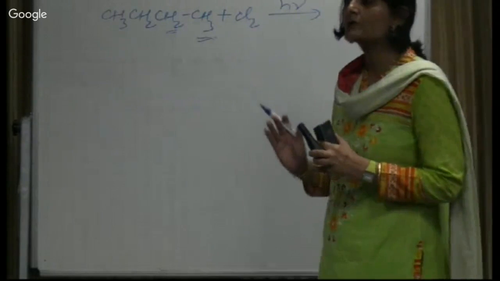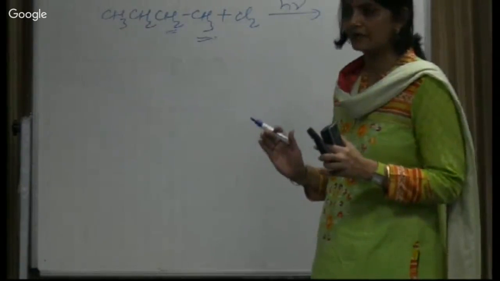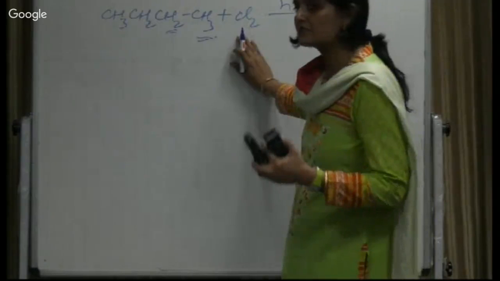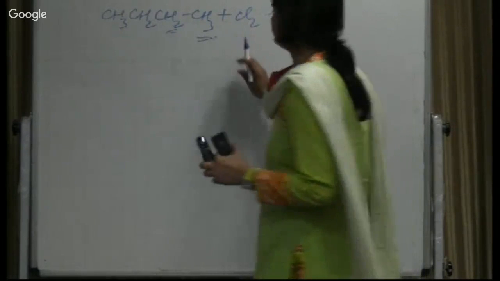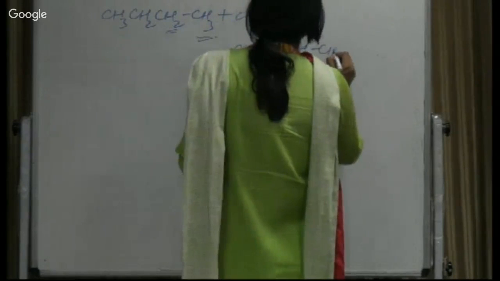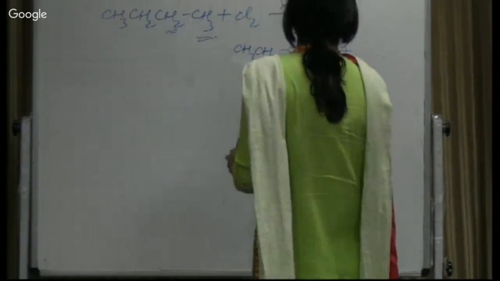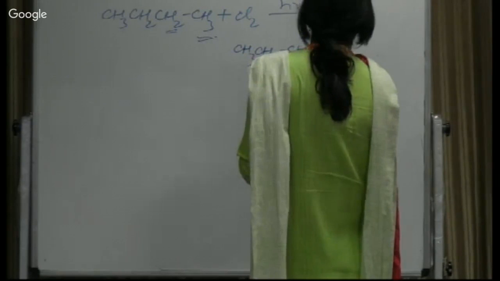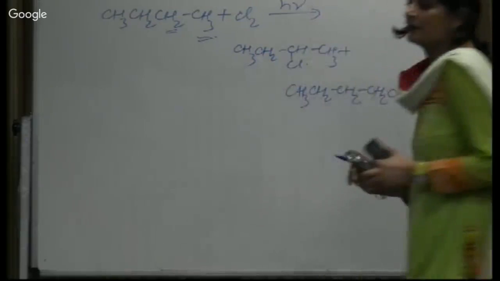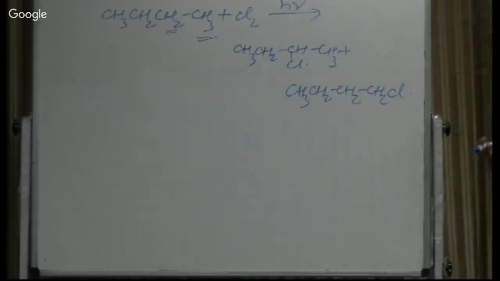So there are two different reactivities that we are looking at. When you react it with chlorine, you will get a mixture of products being formed. Now, how do you predict the major product?